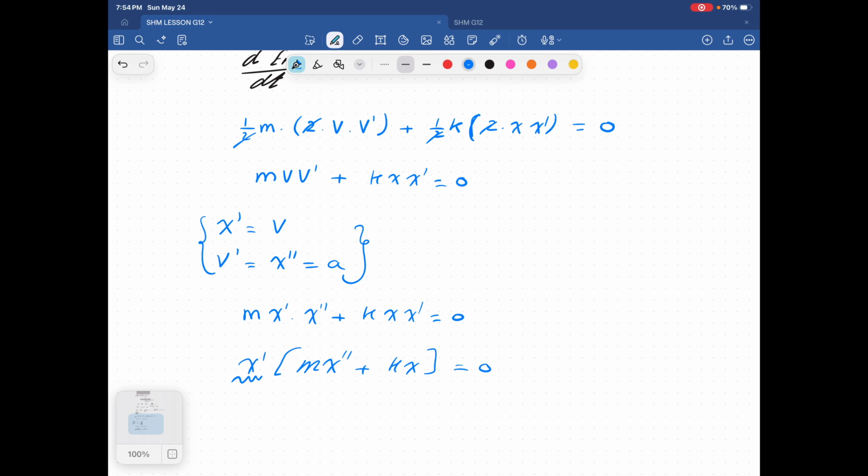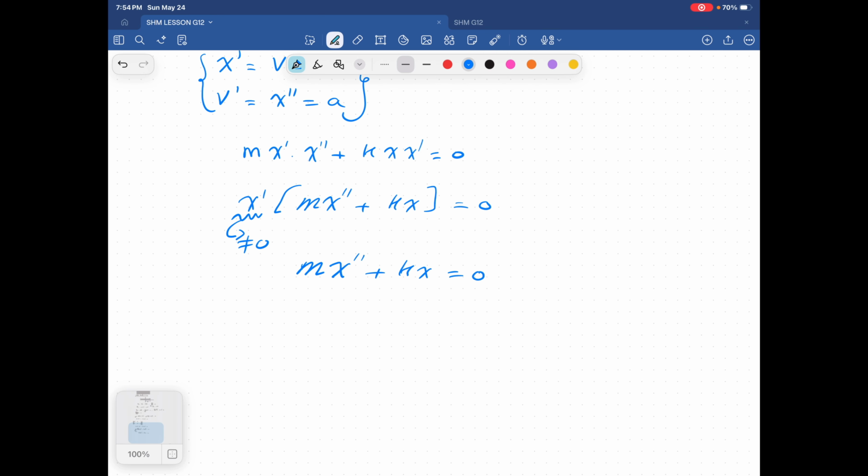Now the velocity obviously cannot always be equal to 0, or else we don't have any motion, so m x double prime plus kx is equal to 0, and we finally reach the final form of the differential equation.